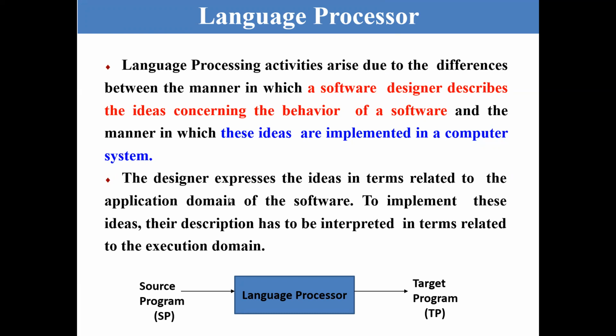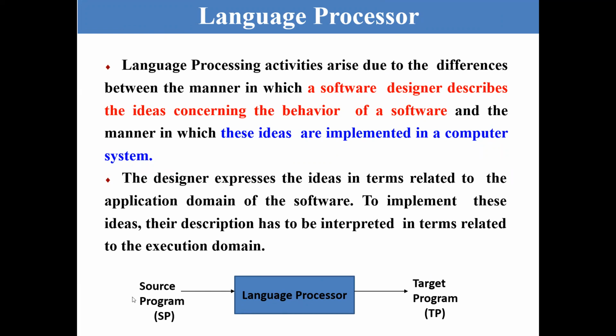The designer expresses this idea in terms related to the application domain of the software, and to implement these ideas their description has to be interpreted in terms related to the execution domain. So first of all, understand that this is your language processor. Input to this one is the source program and output is your target program.